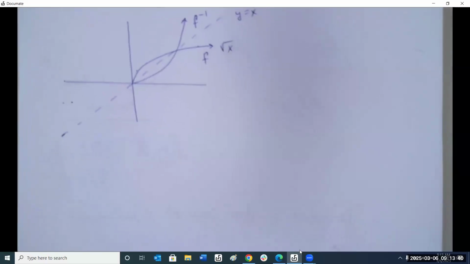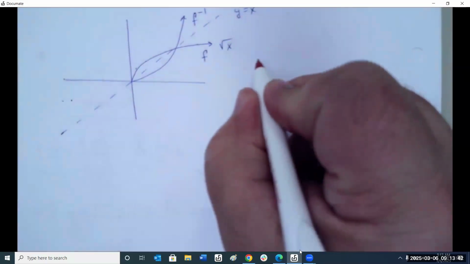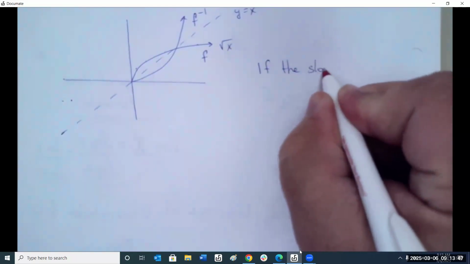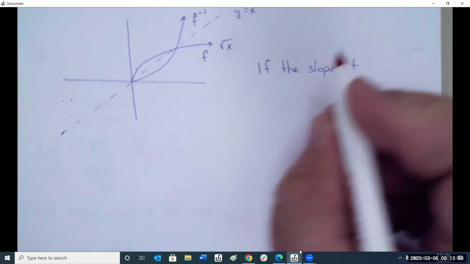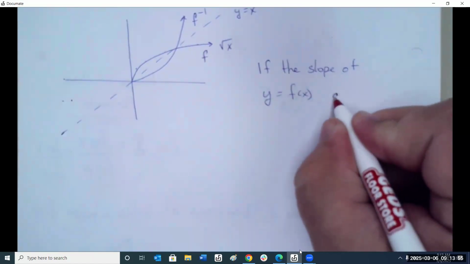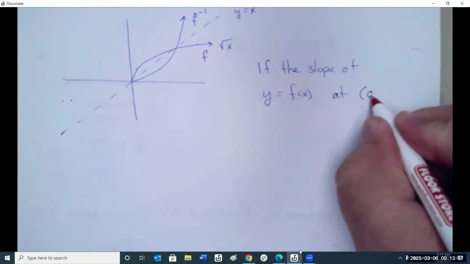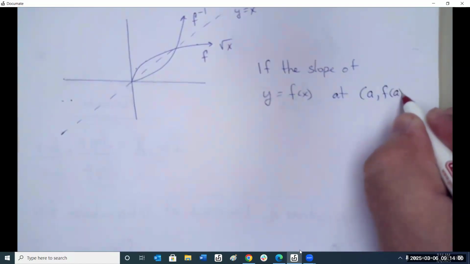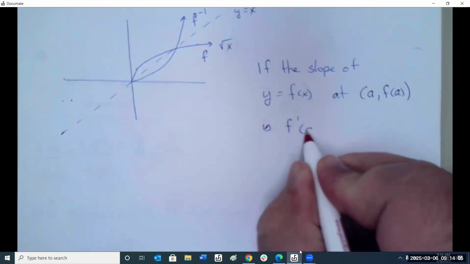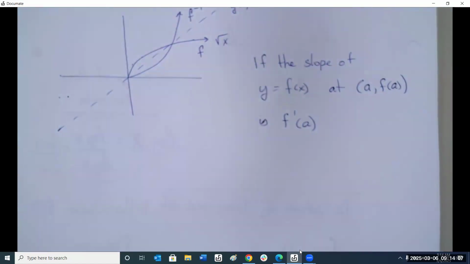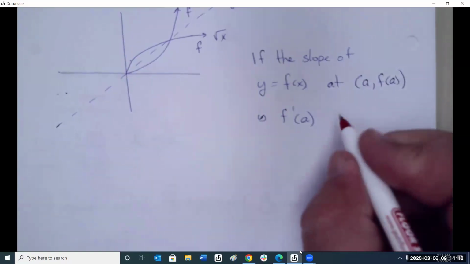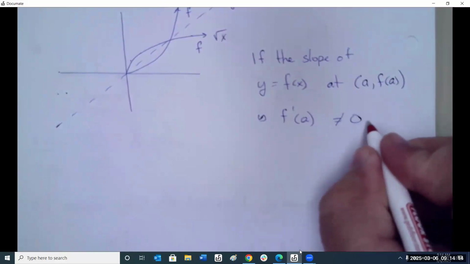So let's put this into words. If the slope of y equals f of x at a, f of a, is f prime, that's the slope, and this is not equal to 0.